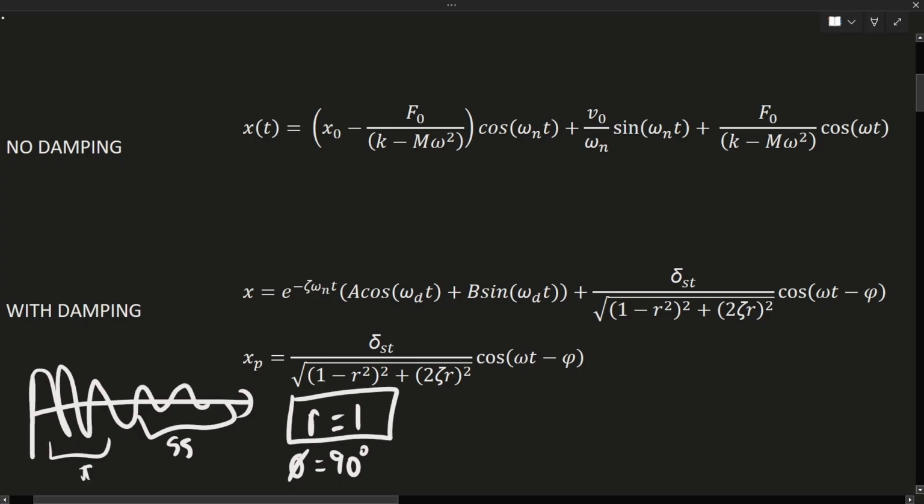Resonance means that the harmonic force that's being applied on the mass is equal to the natural frequency of the system. That's basically what it means. Like, you know, in movies when there's an opera singer and they want to break the glass wine cups, so they sing really high and then the cups break. That's basically resonance. That's what they're talking about.